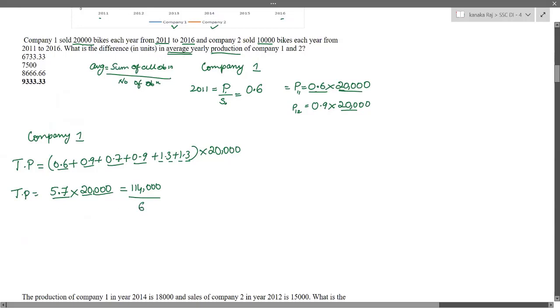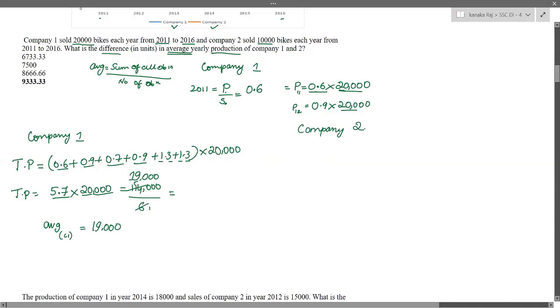So divided by 6, what do I get as my average? Average production for company 1 is equal to 114,000 divided by 6, which is 19,000. Now I need to take the difference in averages, meaning I need to find out the total production of company 2 as well.